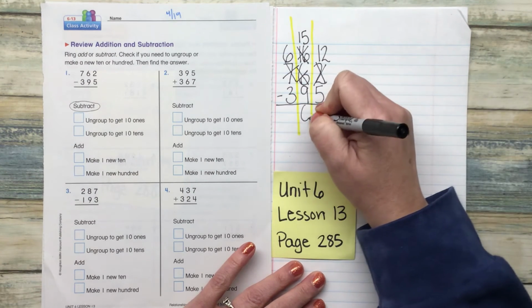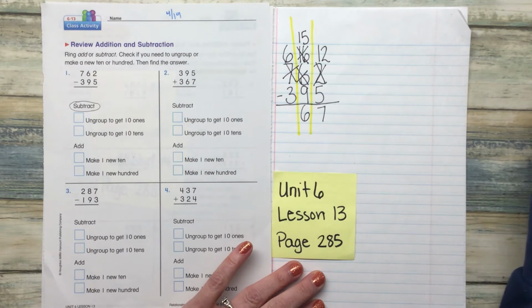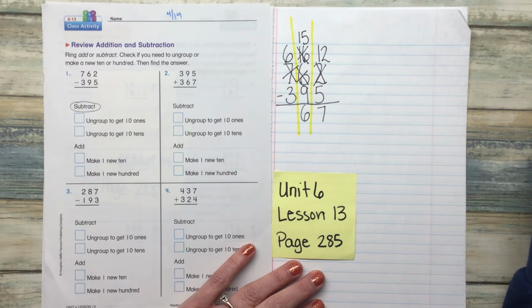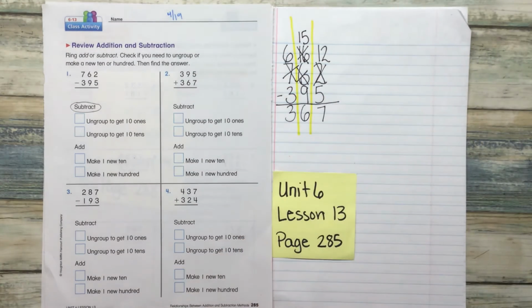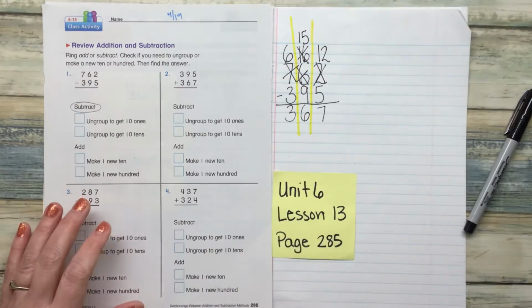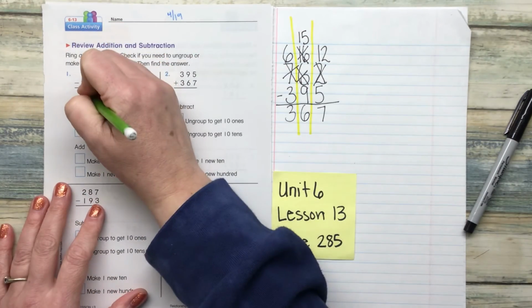Thank you. And what is 6 minus 3, everybody? Yes, you got it. Okay, so now I'm going to go ahead and write my answer over here. My answer is 367.